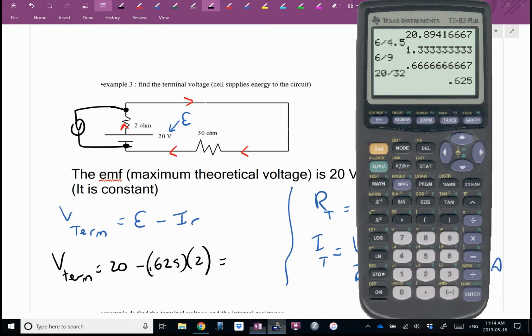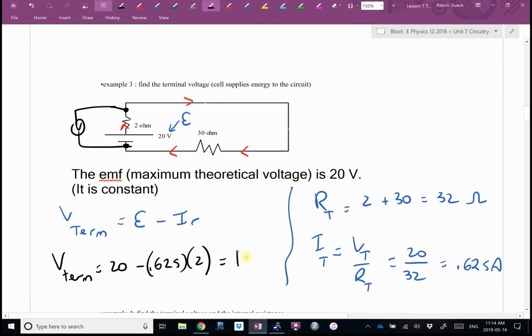Oh, I typed that wrong. You missed a plus sign. You can't get negative. 18.75. That's how many volts are left over for this circuit.